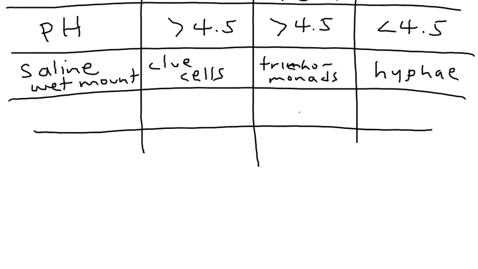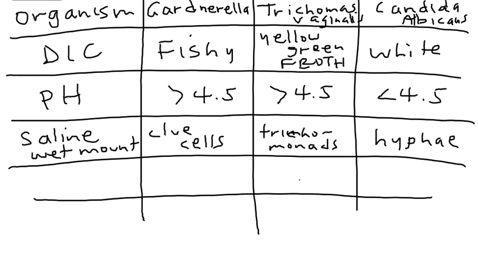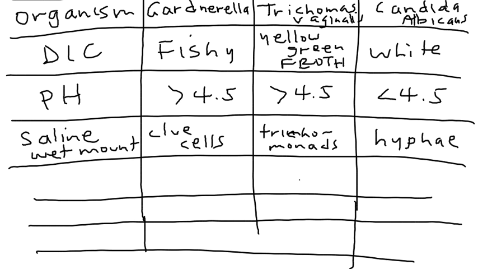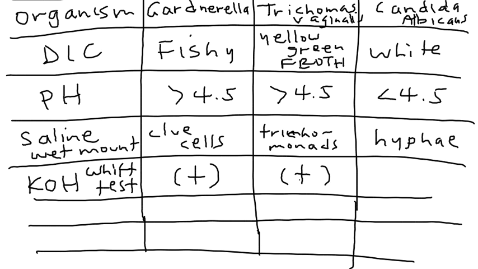All right. Going back to our table. We got a couple more things in here. I think I can fit it all in. Next thing is a KOH. Remember, if you apply potassium hydroxide to the wet mount, this is also known as a whiff test. What will happen? Well, for bacterial vaginosis, it will be positive. You will have that fishy smell. And it will also be positive for Trichomonas, but it will be normal. Now, remember, some licensing exams will try to confuse you.